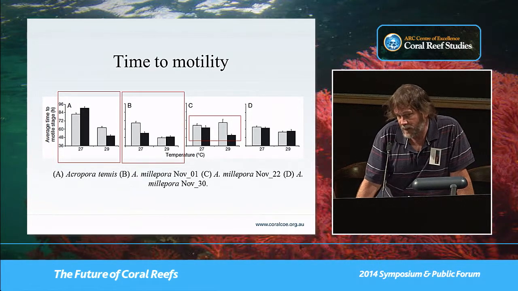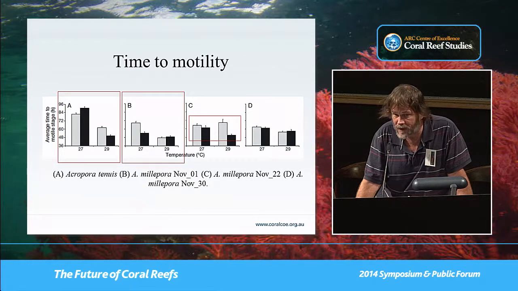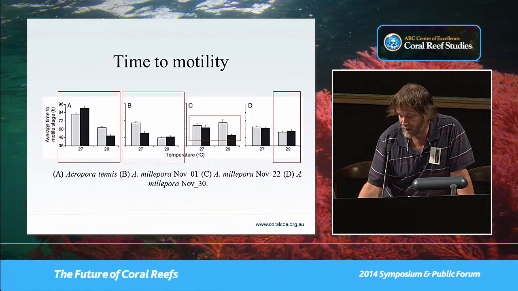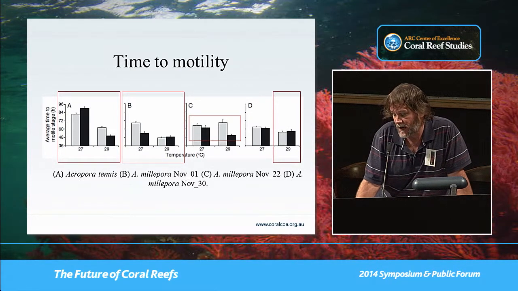If you combine those 2 grey bars and compare them to the combined 2 black bars, you can see again that larvae at the high acid treatment are becoming motile more quickly than at the low acid treatment. And finally, in the last assay, there was an effect of temperature. Larvae in the high temperature treatment are becoming motile more quickly.